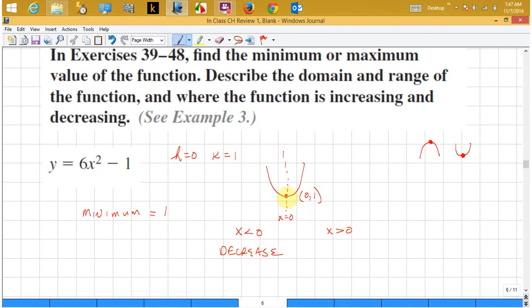And on the right-hand side, it's increasing. Note that I didn't put x equal to 0 because right at the vertex, it's not increasing or decreasing. So we don't use an equal to sign on either side of this axis of symmetry. And the last question is the domain and range. The domain, of course, is all real numbers.